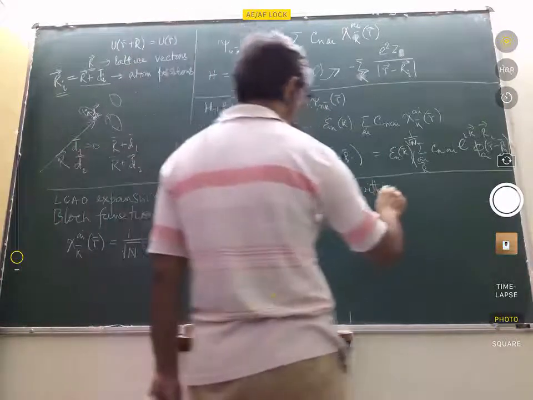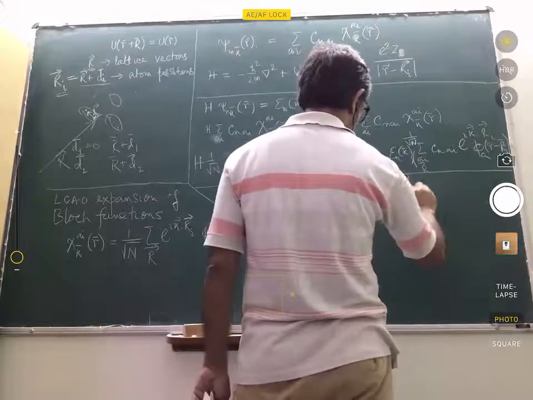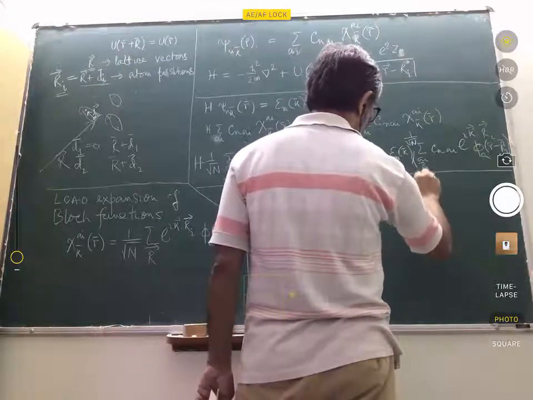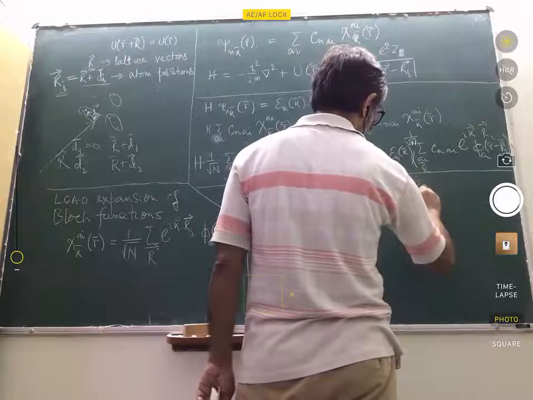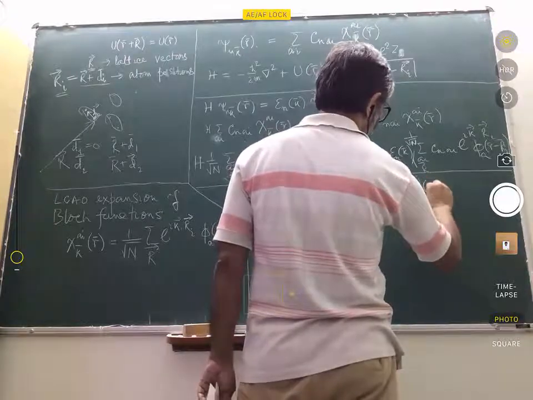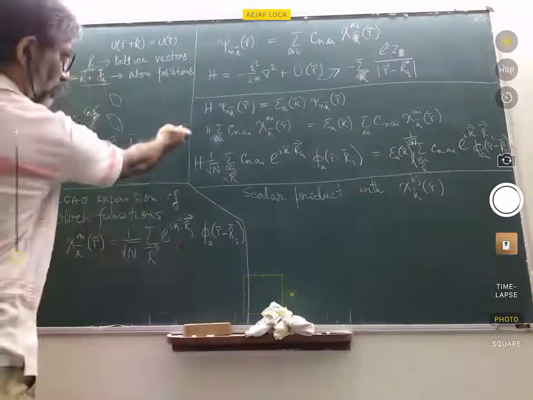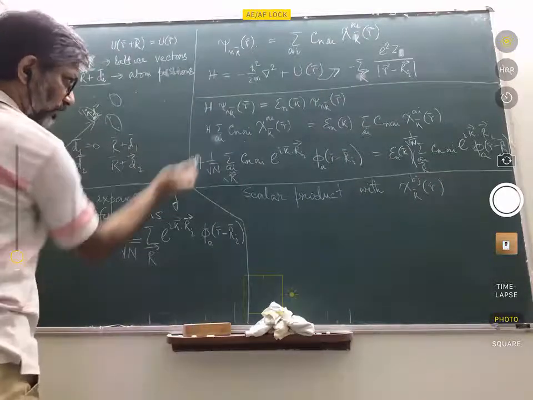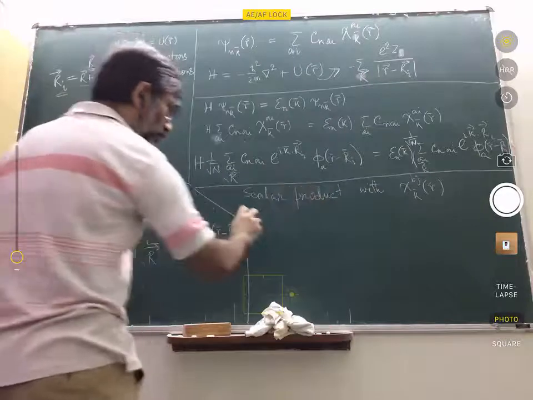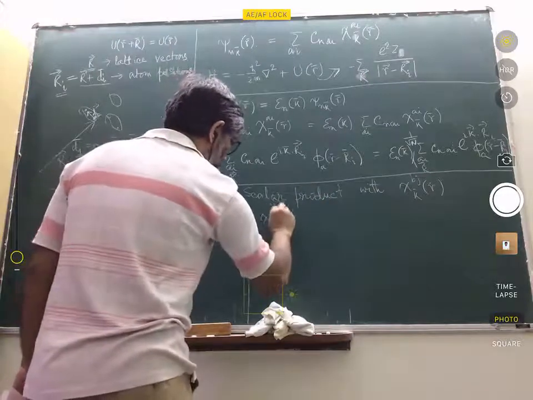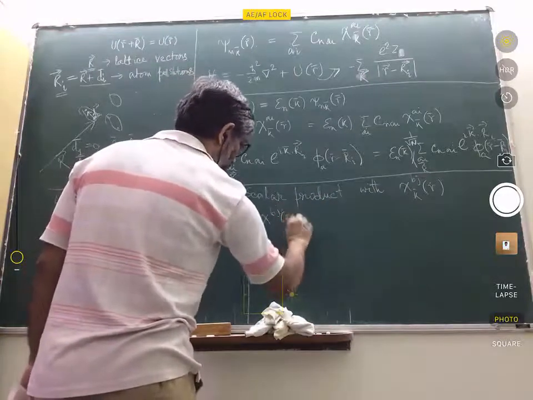Okay. So you take the scalar product of this with some chi bj, where chi bj has a similar expansion.